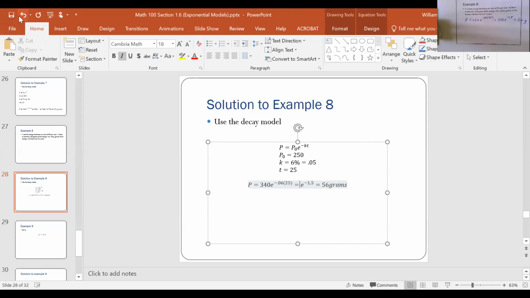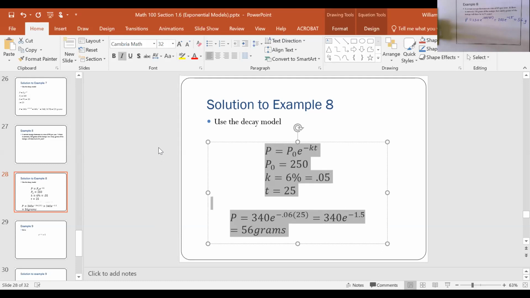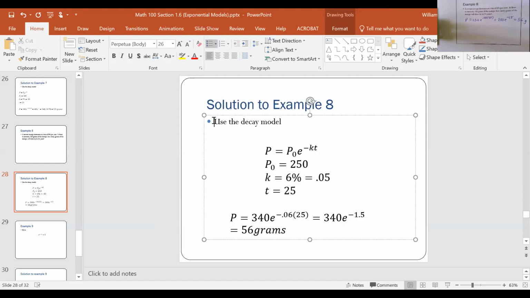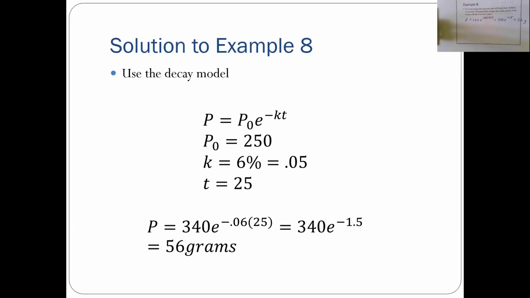There we go. And I will make that larger. Maybe not that large. How about there? That works. And there's your final answer. So the final one came out to 56 grams.